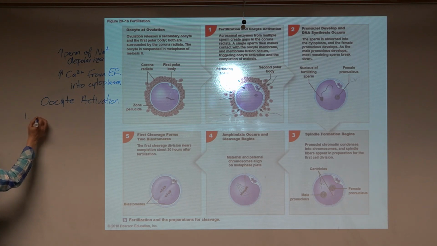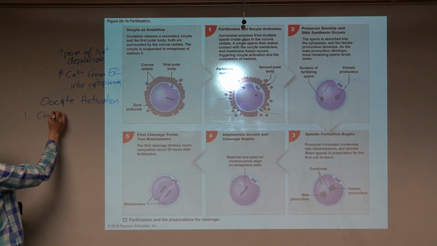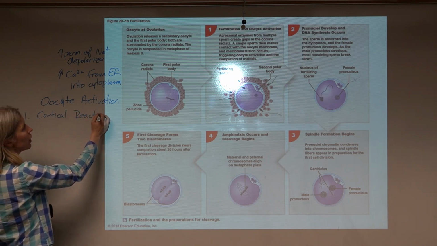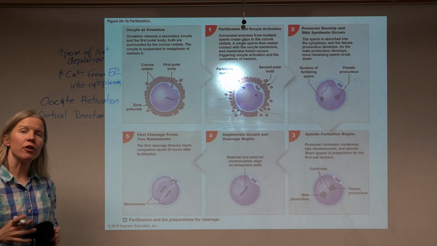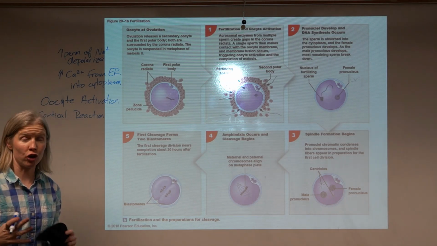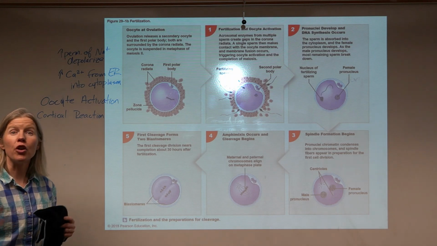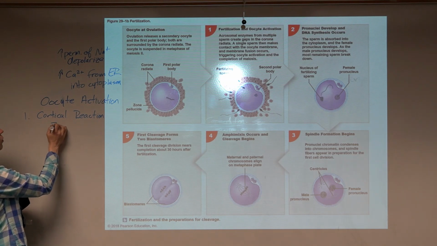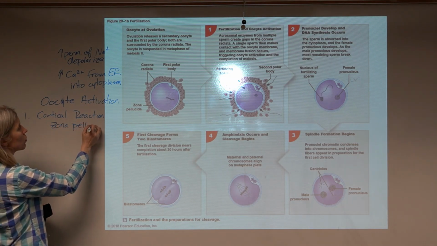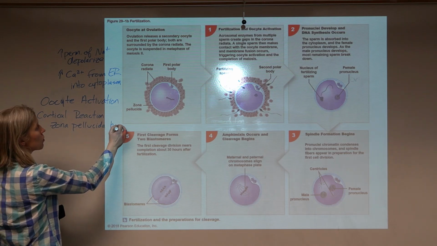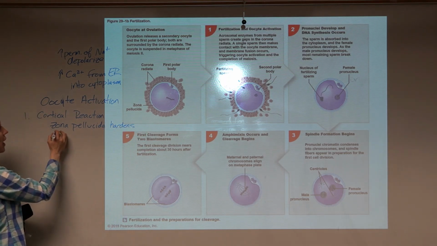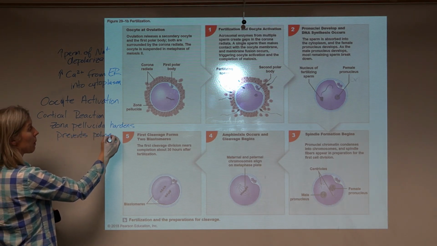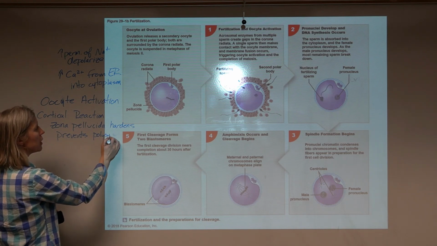And the three parts of oocyte activation are what's called the cortical reaction. Basically what's going to happen here is that the zona pellucida hardens. We make it so that no other sperm can bind. So we say this prevents polyspermy.